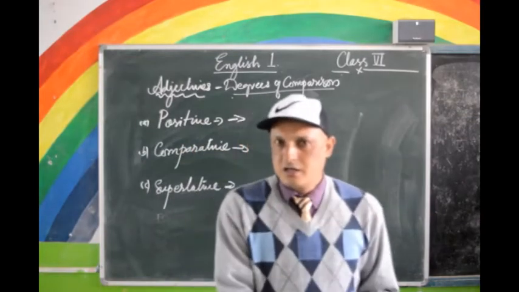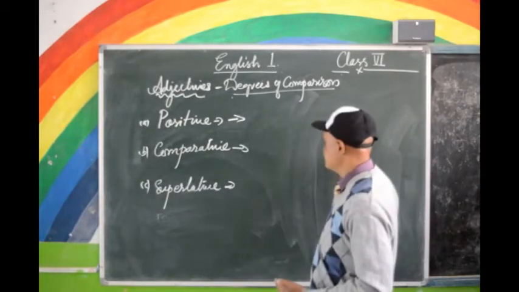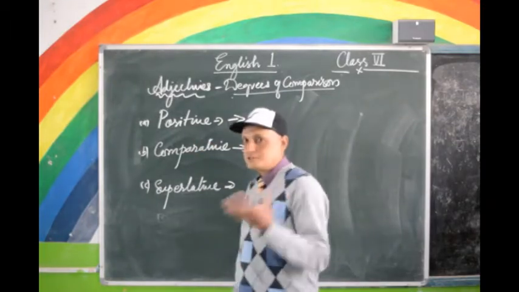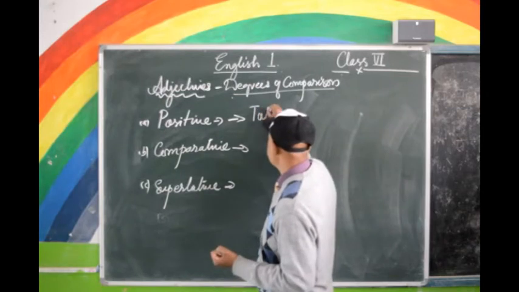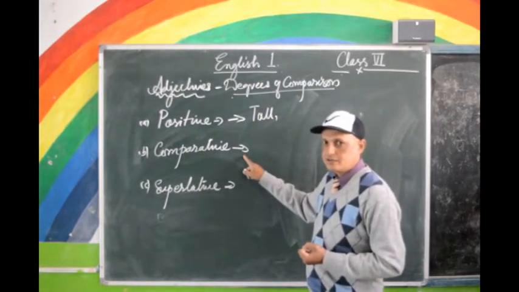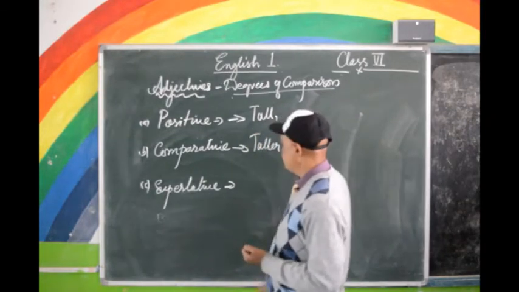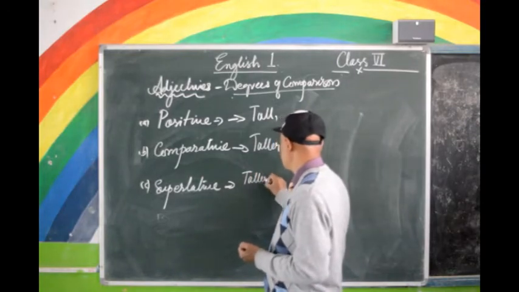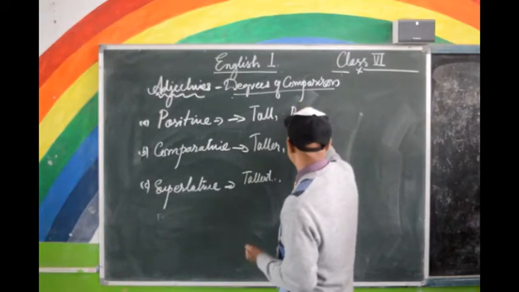So, in my example, I have given 3 different pictures. Okay, so the first one among the 3, the first picture was tall. So tall is going to be the positive degree. The comparative degree of tall will be taller. Then the superlative degree will be the tallest. The next one we had was big.